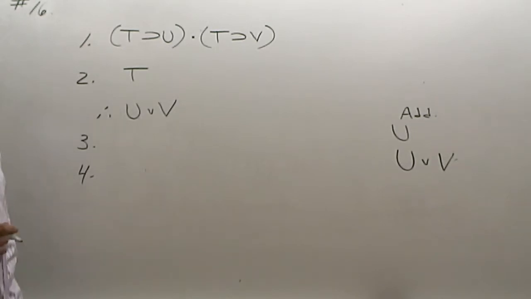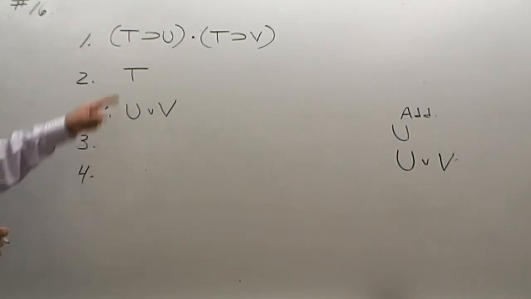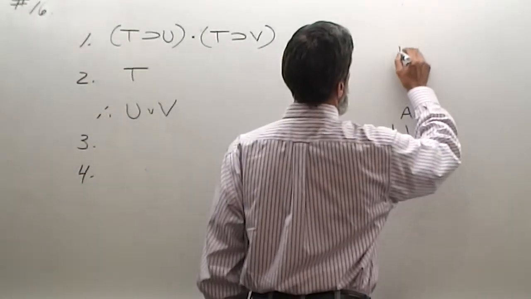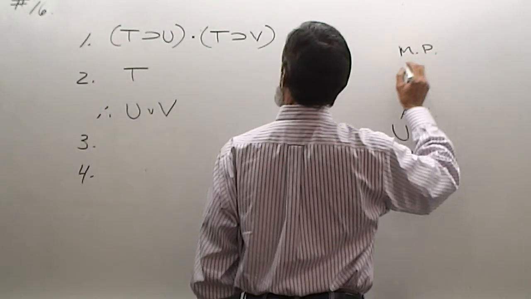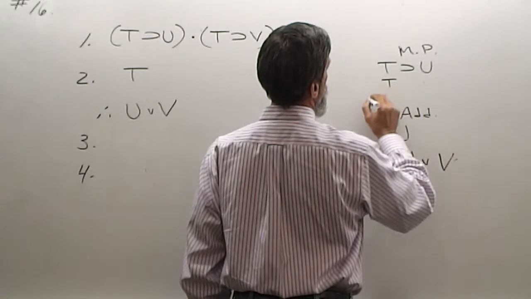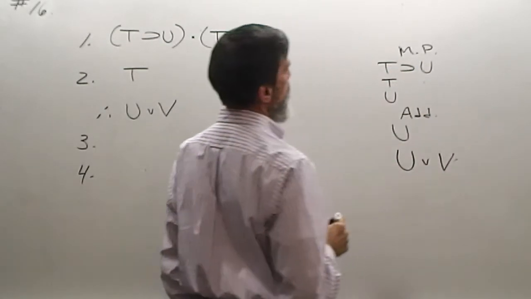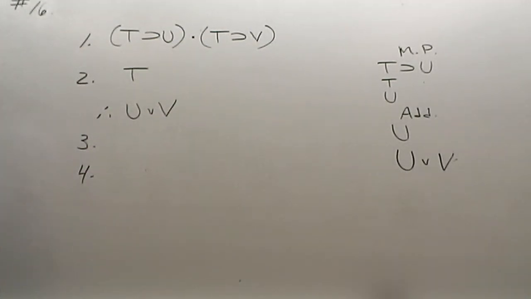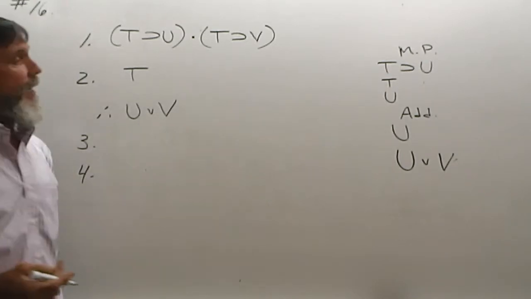So I can extract the consequent from a horseshoe by modus ponens. The second premise would have to be T, and there it is right there. But I can't do that while T horseshoe U is stuck in that dot. But I can simplify it out of that dot.